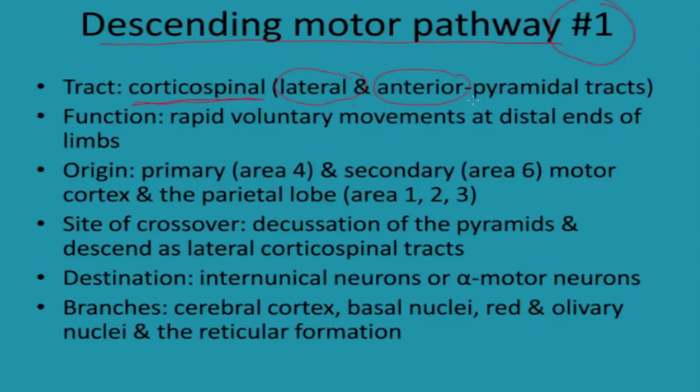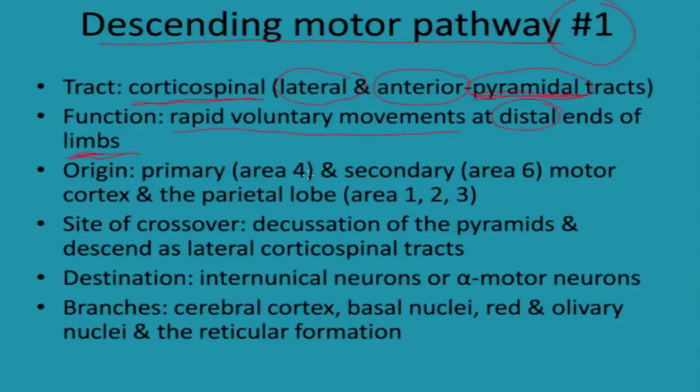These make up the pyramidal tracts, and like I mentioned before, they are called this because the corticospinal fibers accumulate to form the pyramid in the medulla oblongata. The function of this tract is rapid voluntary movements at the distal ends of the limbs.